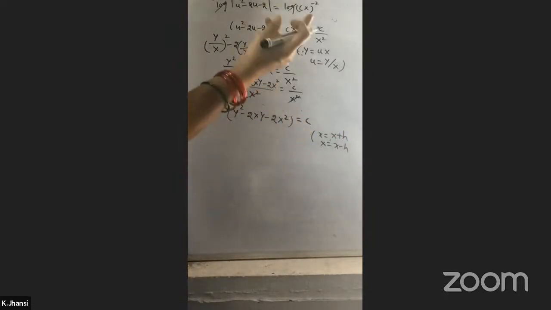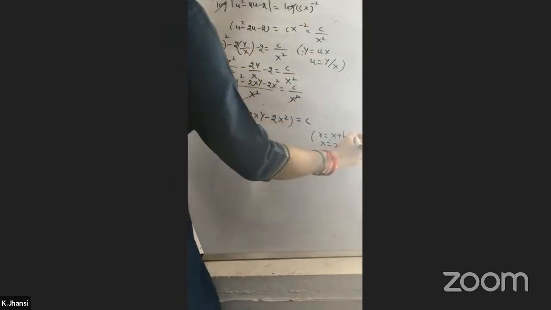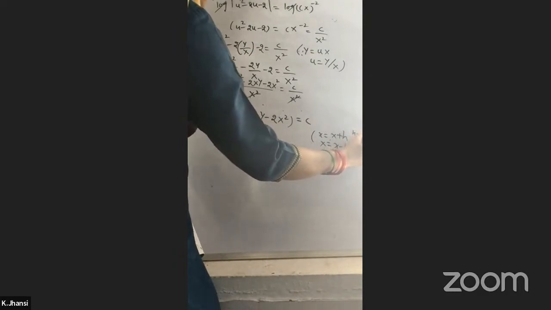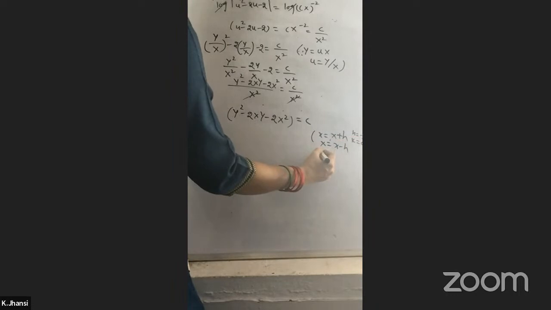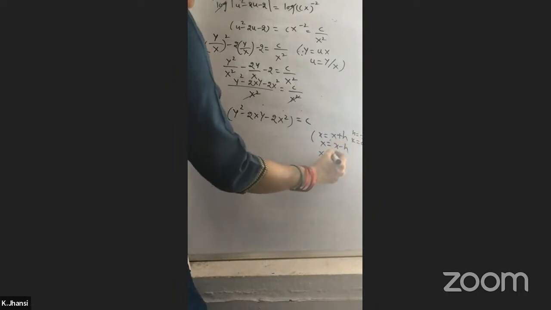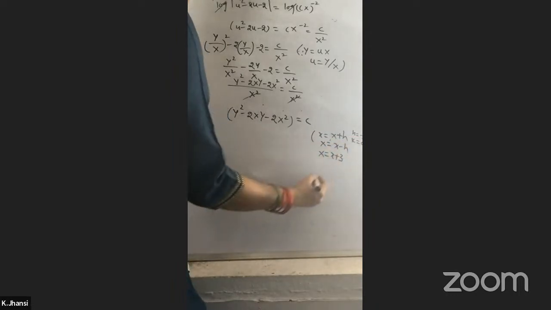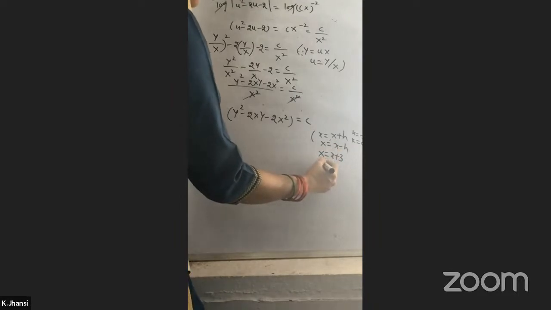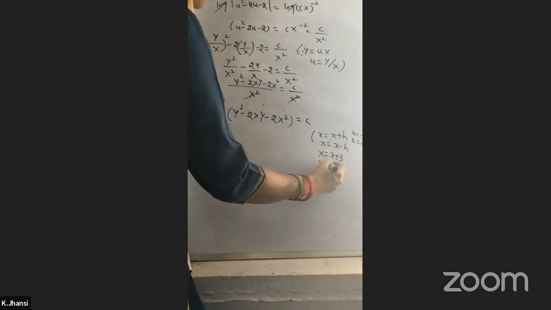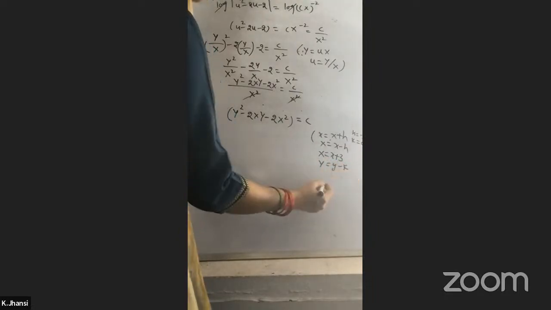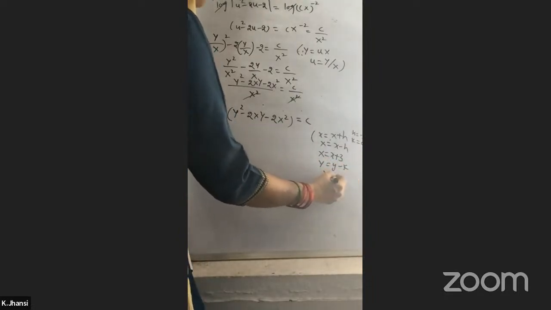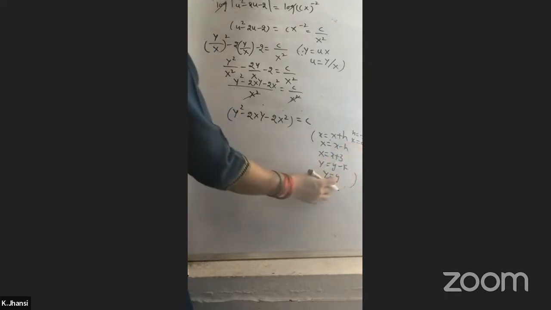Now what we got, h value starting, that is we got h value as minus 3 and k value as 0. So substitute here the h value. So capital X is equals to small x plus 3 and similarly capital Y is equals to small y minus k. That means capital Y equals to small y, because the k value is 0.